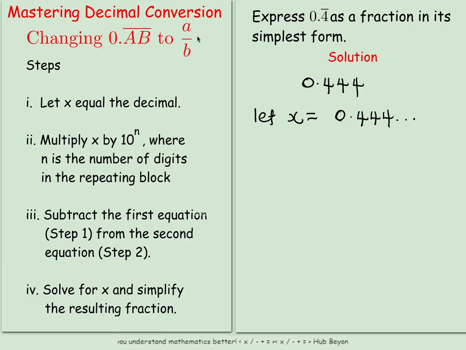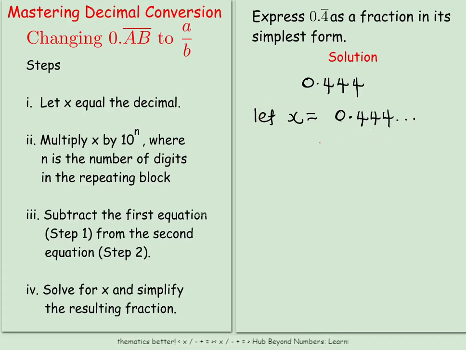So since it is just one digit that is repeating itself over and over again, I just want to make sure one of the repeating digits comes to the whole number section. And if you understand multiplication of decimals by factors of 10, then you should know that if we want the decimal point to move by one place, then we will have to multiply this equation here by 10.